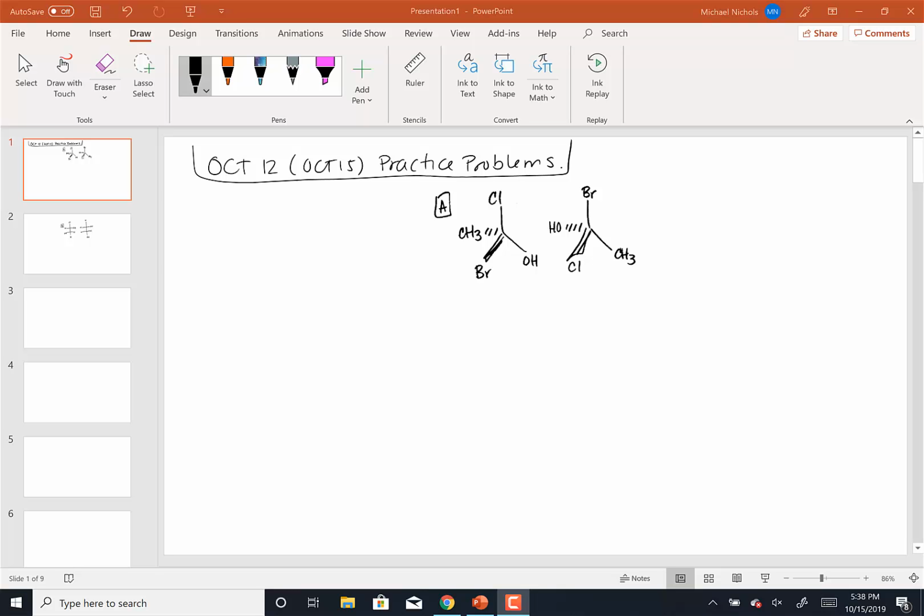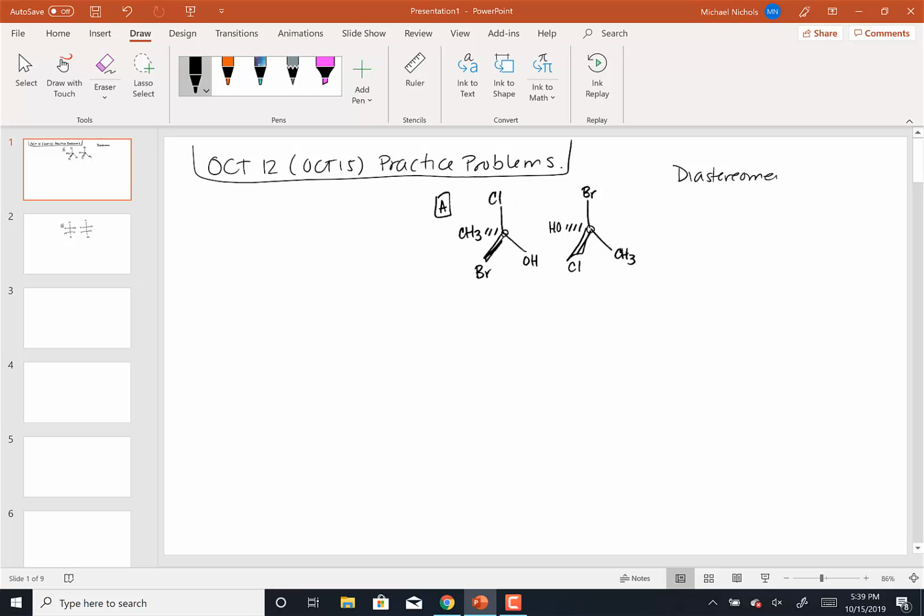So the question is, are these pairs of molecules the same but not meso? Are they the same meso compound? Are they enantiomers or are they diastereomers? There are two problems, A and B, that I will explain here. If your choices are those four, same meso, same not meso, enantiomers and diastereomers, whenever you have a single chiral carbon, you can eliminate two possibilities.